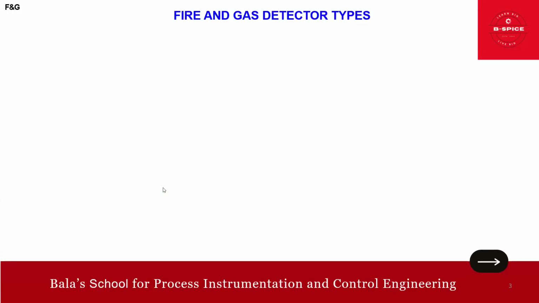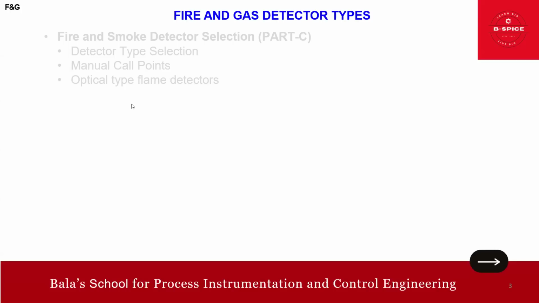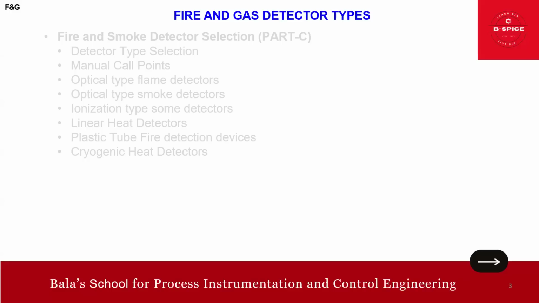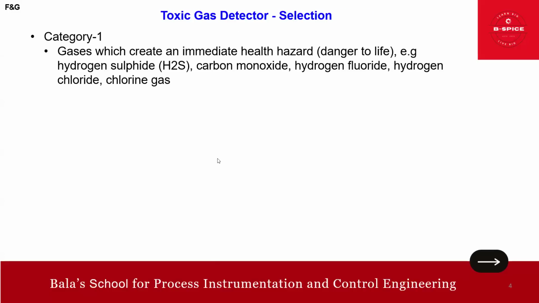The next part is fire and smoke detector, which we'll cover in the next session, part C. There we will cover detector type selection, manual call points, optical type flame detector, optical type smoke detector, ionization type smoke detector, linear heat detector, plastic tube fire detection devices, cryogenic heat detector. All these will be covered in part C. Okay, now back to business.